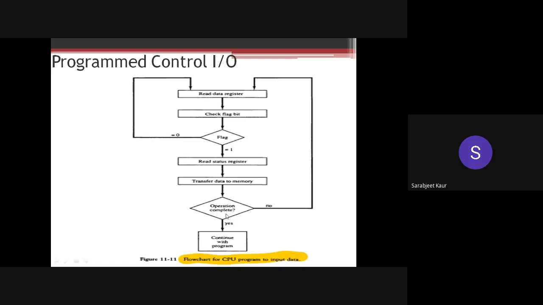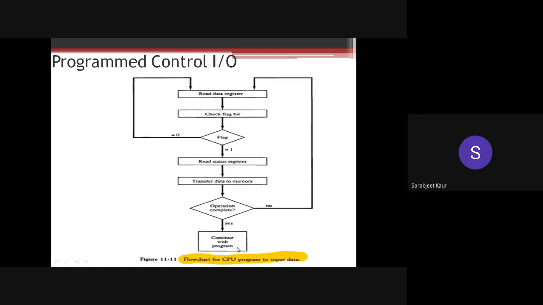If the operation is not complete, it again has to go through the same loop, the same procedure, till all the data has been transferred word by word to the main memory. Only when the operation is complete can the CPU continue with some other program that it was supposed to do. So this is the program controlled IO.